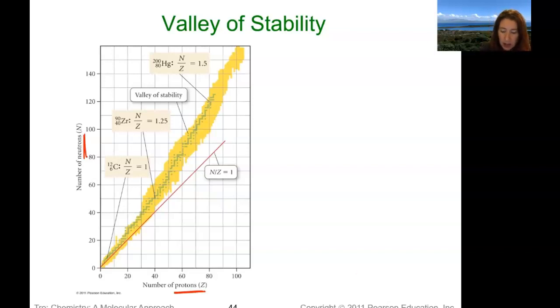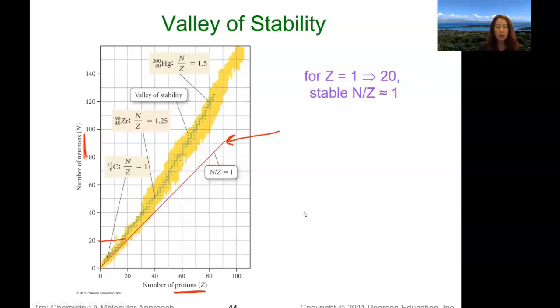And so you can see here, this is where protons equals neutrons, which is a ratio of 1, right? And you can see below 20, they're pretty much equal, the ratio is about 1. Now again, it's not perfect.